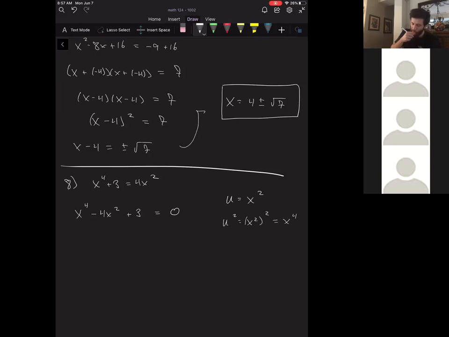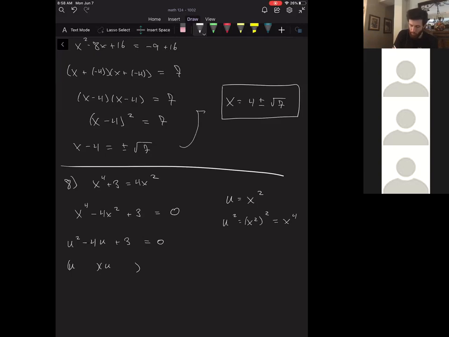So actually, we can rewrite this problem. x to the 4th is u squared, so we have u squared minus 4. We said x squared was u, so just u, and then plus 3 is equal to 0. So now this problem looks a little bit more familiar. It just looks like ax squared plus bx plus c is equal to 0. So to solve this one, we can actually just solve it by factoring. So we have u.